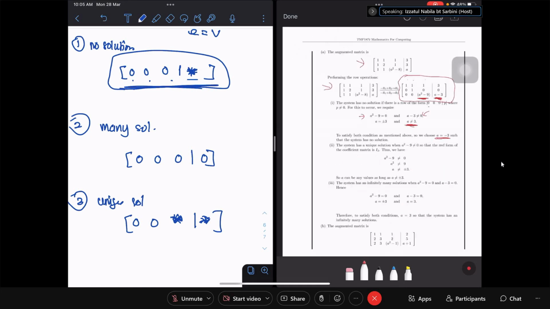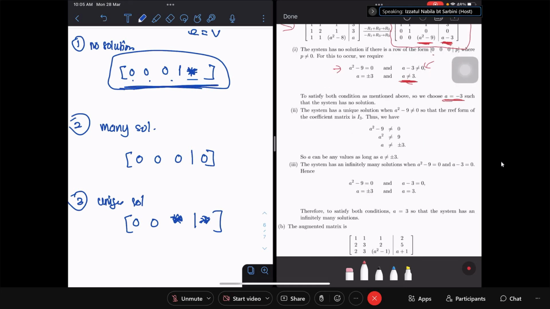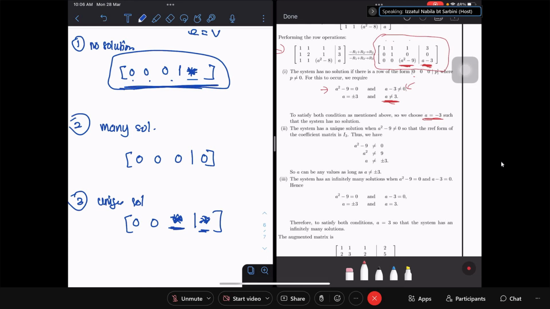Unique. Alright, unique. So for unique solution, ada value dekat sini kan. So we have to write a square minus 9 cannot be 0. So a cannot be plus minus 3. And on this side, a minus 3 cannot be 0 as well.